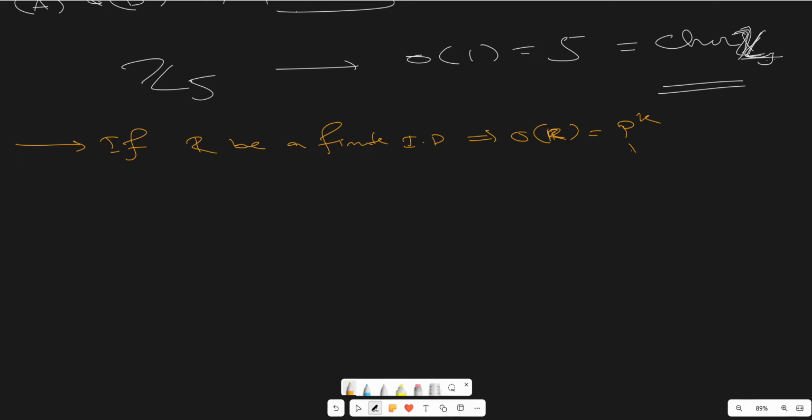That means p dot a is 0 for every a inside the ring R. What does it mean? This implies that the order of a divides p in R plus. So the cardinality of a field cannot be divisible by two distinct primes. Why? If it is an integral domain, the order of R will be some p power k.